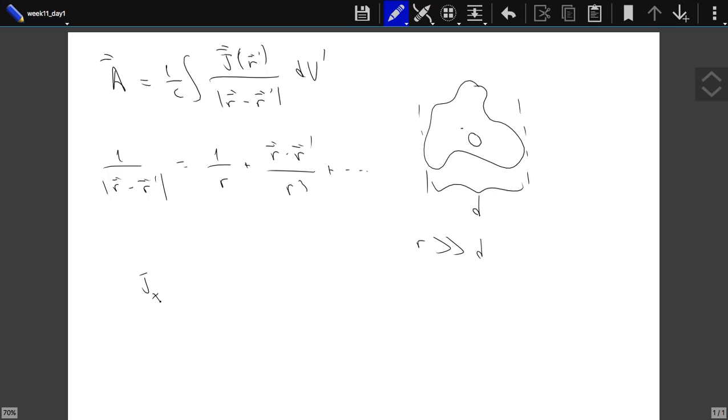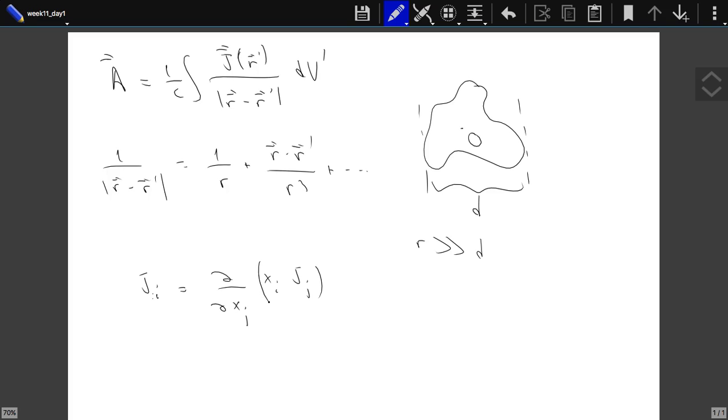If you have J_i, we can write this as del over del x_j of x_i J_j. Basically, this is correct.